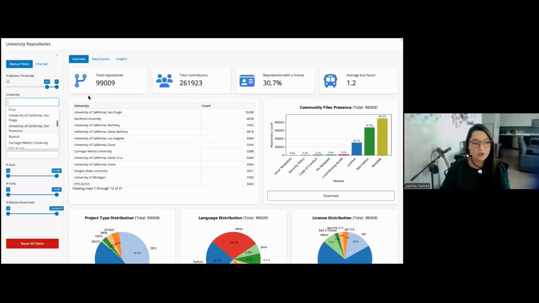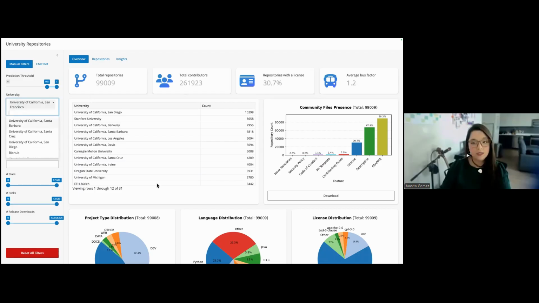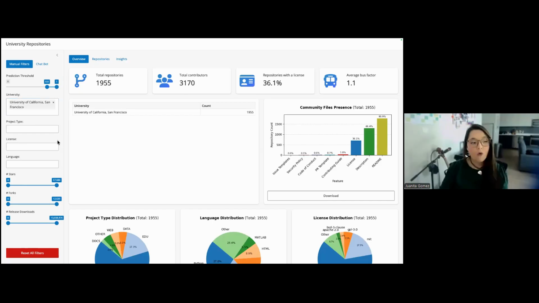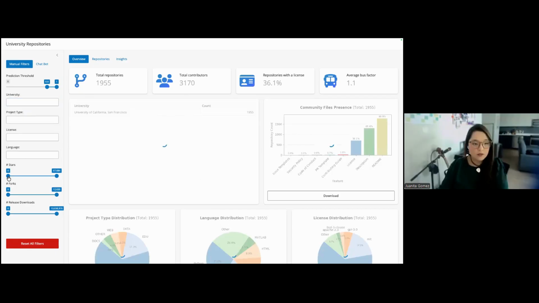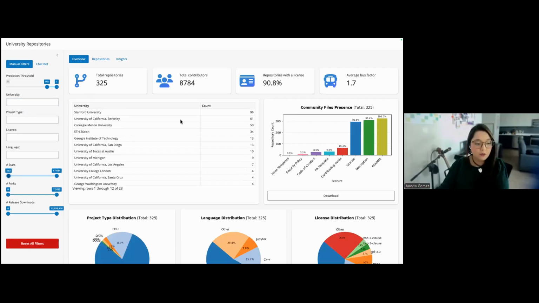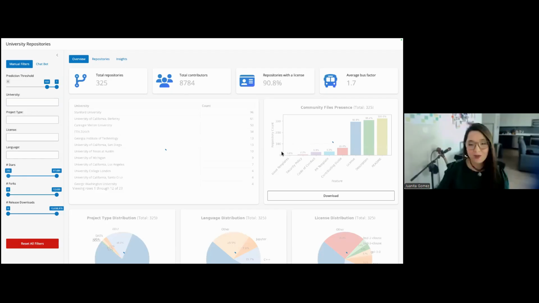For example, if you filter here, University of California, San Francisco, this will update all of your numbers and all of your graphs to show you only University of California, San Francisco. You can apply filters by, for example, stars. So you care about the projects with maybe more than... this slider is a little bit tricky because it has a very high maximum.